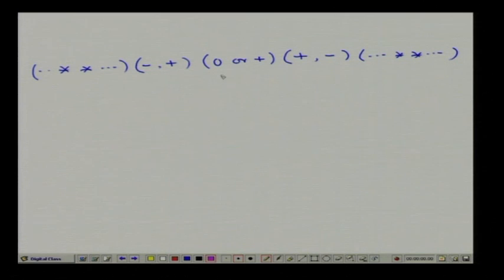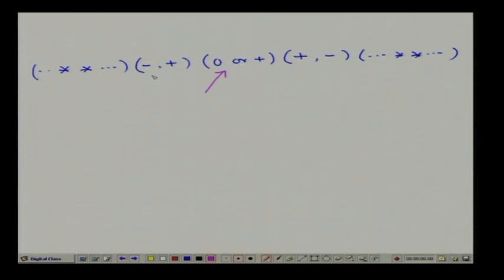First, I have any combination of positive, 0 or negative, then I have negative, positive, then I have either 0 or positive, then I have positive followed by negative, and then again I can have any combination of 0, positive or negative.